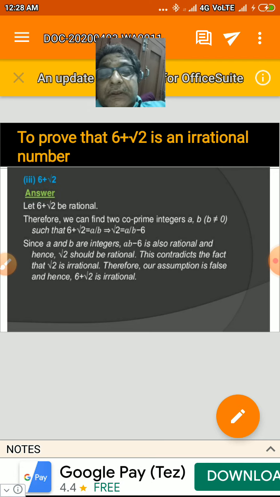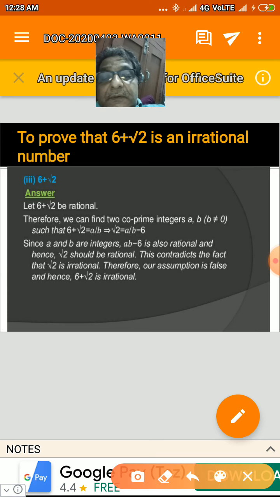Here you see a by b minus 6. Since a by b is a rational number, and 6 is also rational, the difference of two rational numbers is a rational number. So a by b minus 6 is rational.